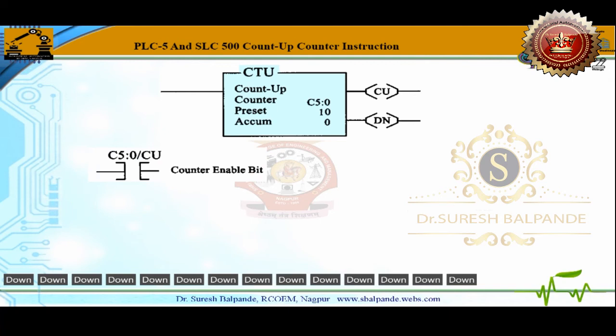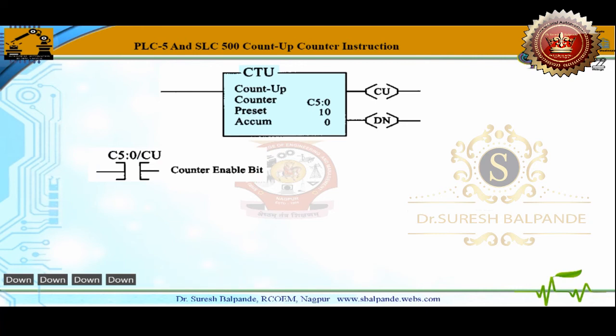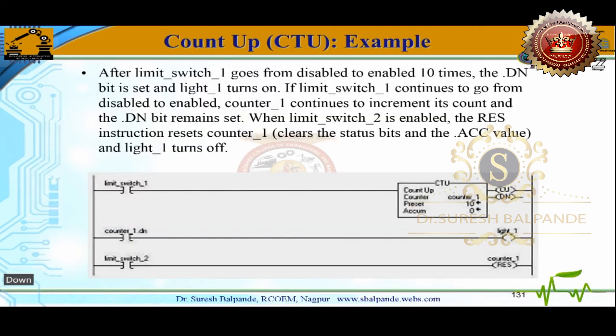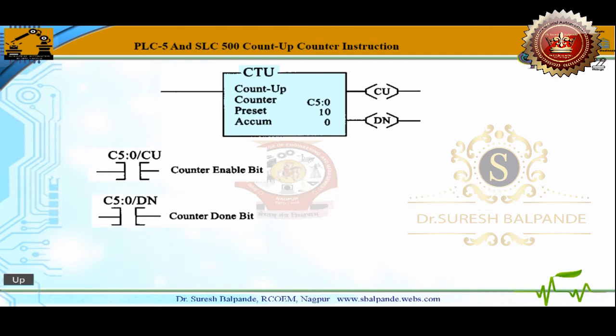So there are 2 counters, up counter and down counter. One is called CTU, that is up counter, and another is CTD, that is down counter. In every counter you will have these outputs. CU stands for counter enable bit, similar to the timer.